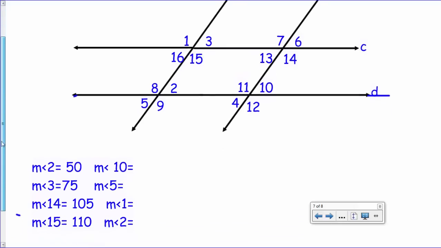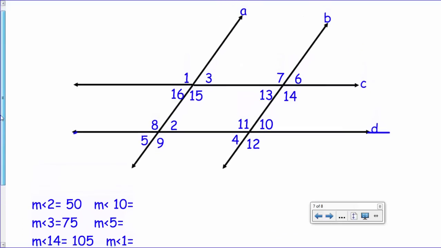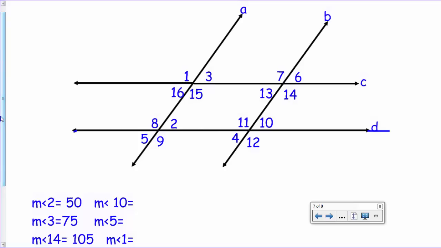Last example, we'll look at two sets of transversal lines. The first thing we identify is which is the transversal line with the two sets of transversals, and you can see A is parallel to B. We assume C is parallel to D on the picture. Which is the transversal line? The easiest way to identify it, the transversal line always lies along the two angles in question.